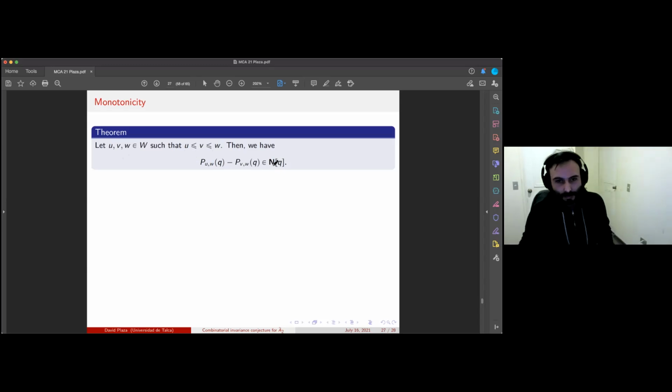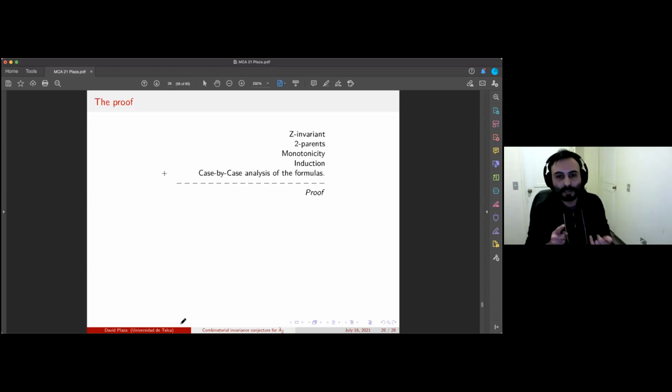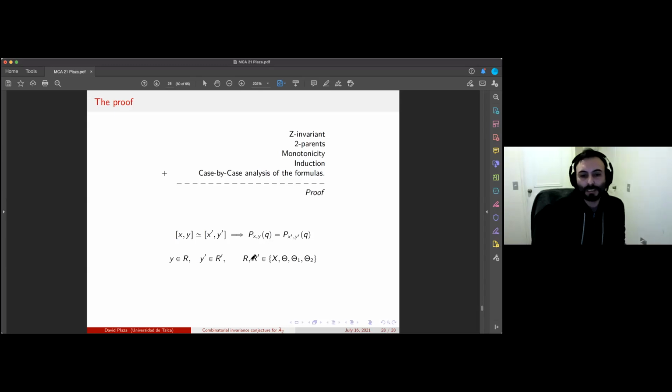So summing up, in order to make our computation free of names, we use these two invariants, the set invariant and the two-parents, the monotonicity property, an inductive argument on the length of the intervals, and we also need a case-by-case analysis of the formulas in order to obtain the proof of the conjecture in this case, for an affine Weyl group of type A2 tilde.